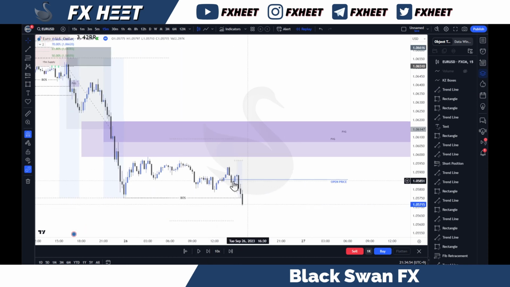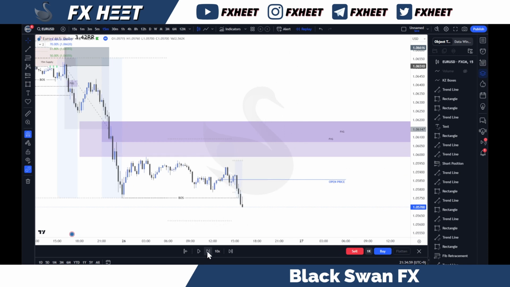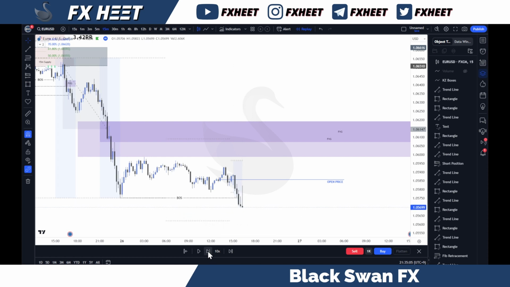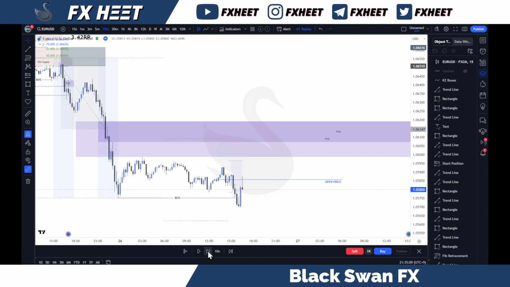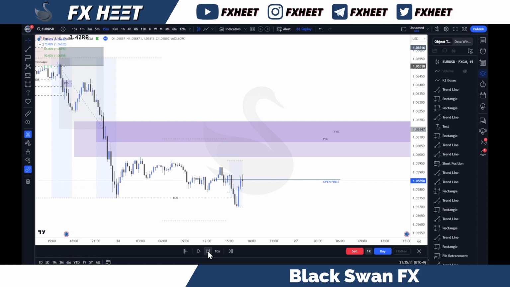I mean, for me, completely honest, I would be surprised if it left it open. And that was the London Open candle. Okay, so we're starting to get a reaction. Doesn't look like we're going to get an entry. There's an open fair value gap.